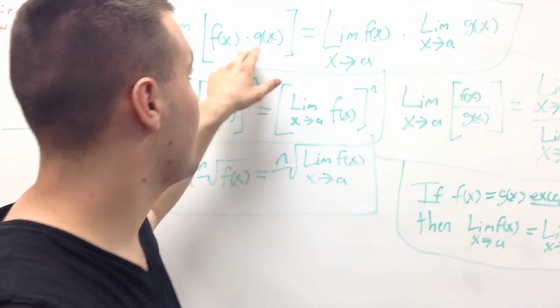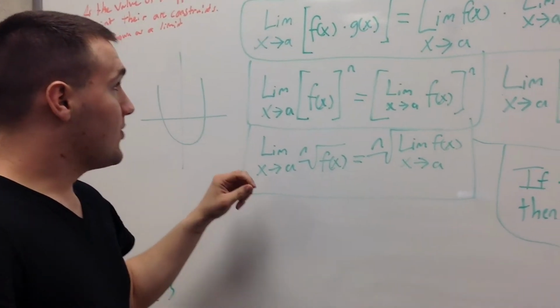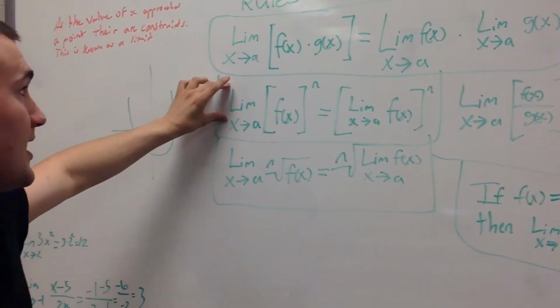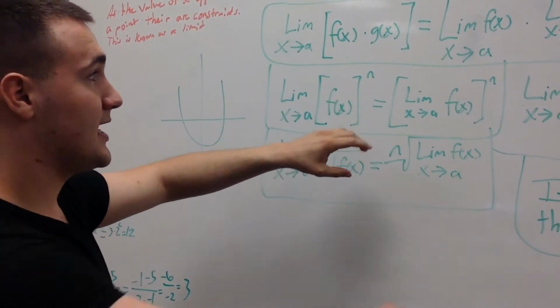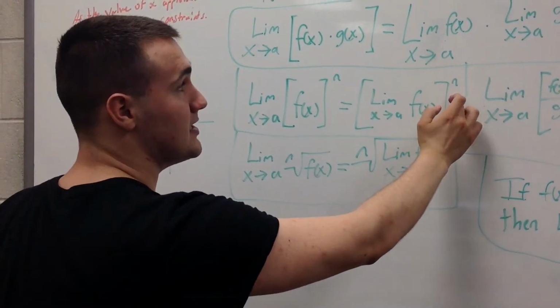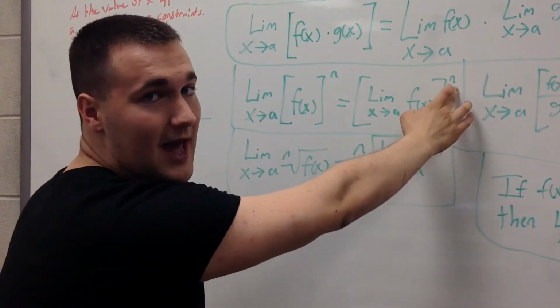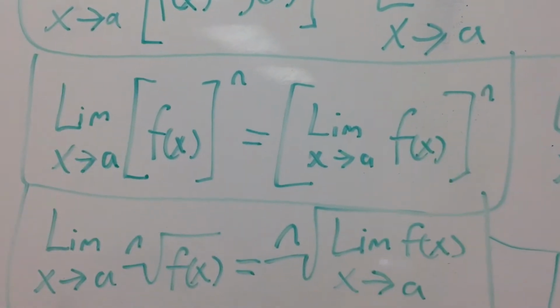So when they're multiplied, you can separate them like that. When you have the limit as x approaches a of a function to a power, you can take the brackets, expand them over the whole thing, and just keep your power. So you're not really having any major changes. The only thing you're doing is expanding the brackets.